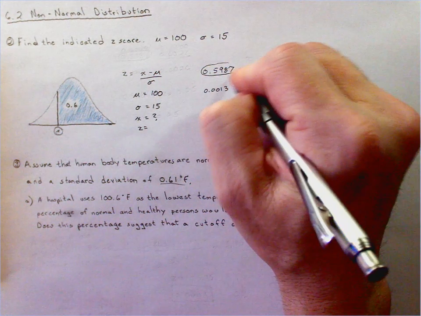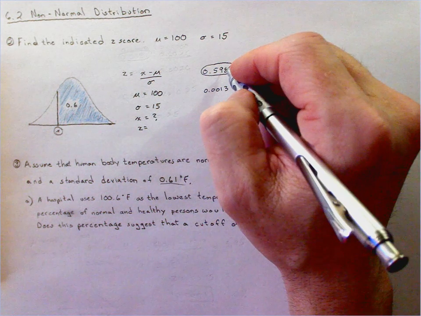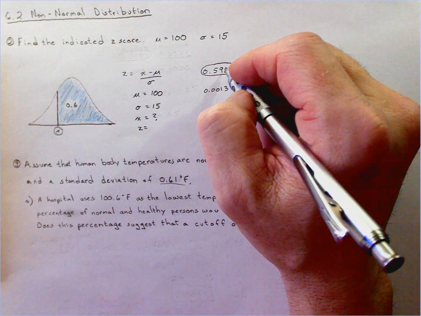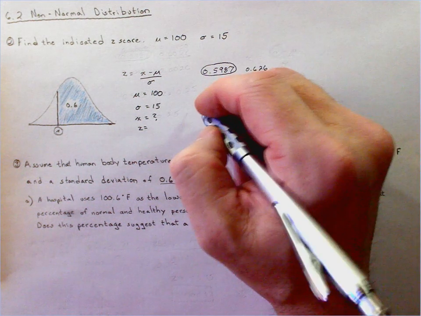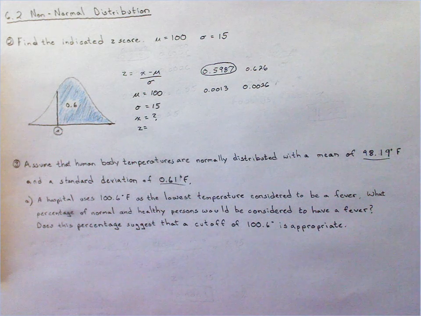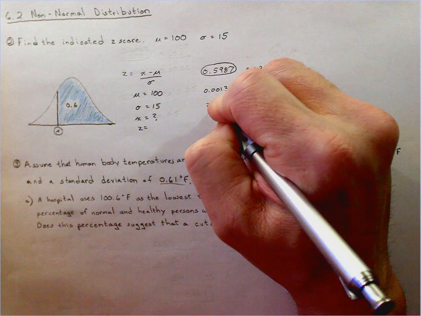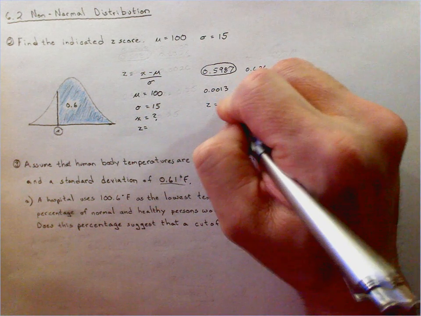This is the one I'm going to use. I'm going to use that probability, the area under the curve, to find the z-score. The corresponding z-score for 0.5987 is 0.25. So I have my z-score of 0.25.